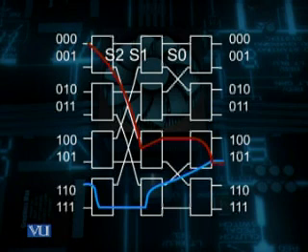irrespective of the source address for a given destination, the ith switch sends a value either to the upper port or to the lower port, depending upon the value of the ith bit. That is, if the ith bit is equal to 0, then the connection is established with the upper port, and if the ith bit is equal to 1, the connection is established with the lower port.